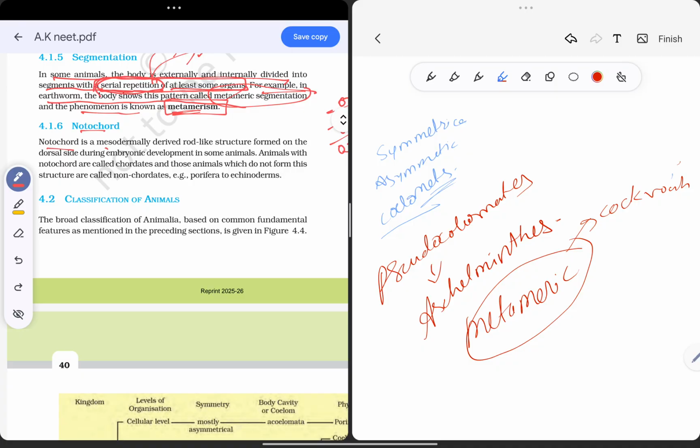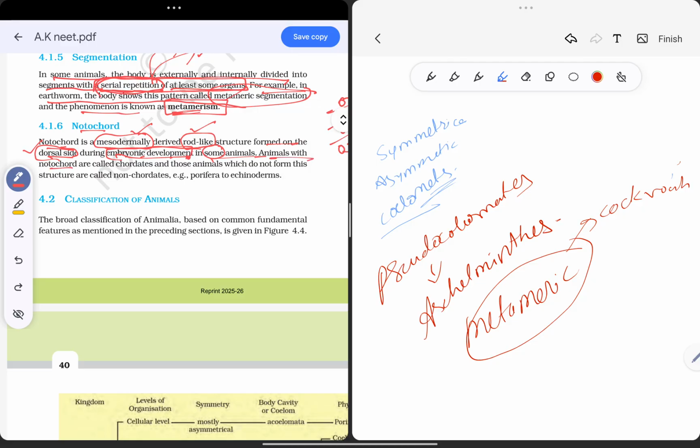Notochord. Notochord is a mesodermally derived rod-like structure formed on the dorsal side, not on the ventral side, during the embryonic development in some animals. What you should remember is that notochord is mesodermally derived, a rod structure, present on the dorsal side, and develops only during the embryonic development of some animals and not all animals. All these are important points.